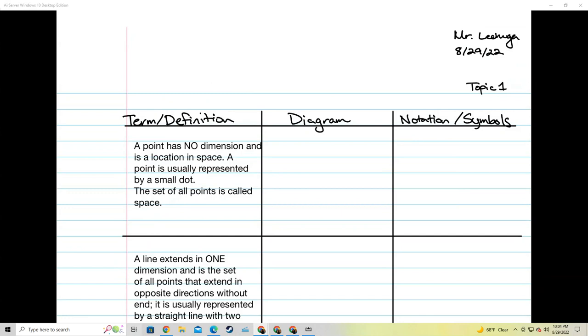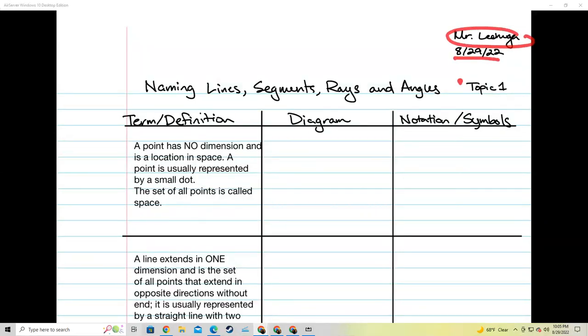Remember that we said that the title of this first one was going to be Naming Lines, Segments, Rays, and Angles. You should have your name right here as well as the date. And for sure, we're calling this topic number 1. So this is going to be the first thing that we have.